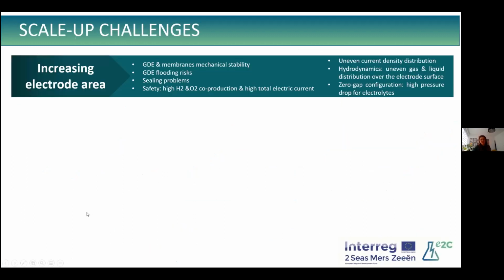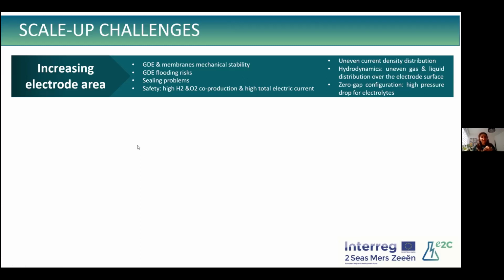But before that, I want to briefly highlight some of the challenges associated to this scale-up process. Some of the main challenges are associated to the increase of the electrode area. Increasing the electrolyzer area leads to problems, like Thijs was already mentioning, of the mechanical stability of these gas diffusion electrodes and the membranes. It also makes the sealing properties of the reactor more challenging.